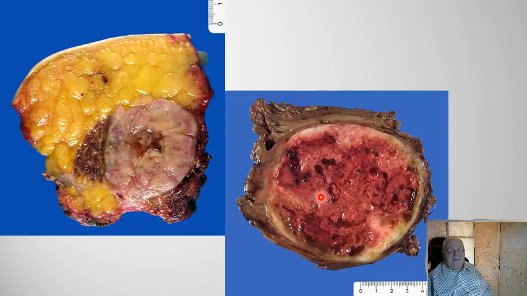But both of them don't look at all like adipose tissue, despite the fact that they are liposarcomas. They look very much alike with tuna fish meat or fish meat of any kind, with necrosis, hemorrhages, and cystic degeneration.